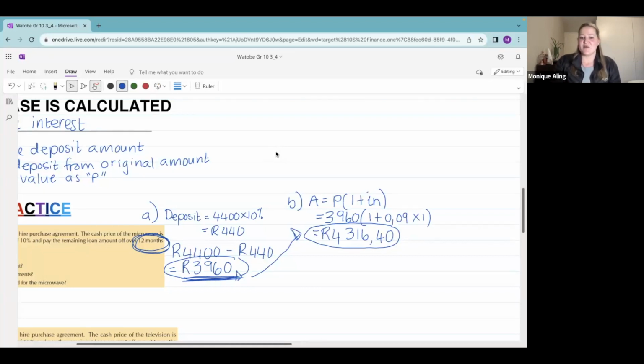Hey guys, does anyone want to help me with question C? Tiana. Ma'am. Yeah. I want to answer it, but I have a question also. Is that the simple interest? It's a cumulative amount, it's not simple.